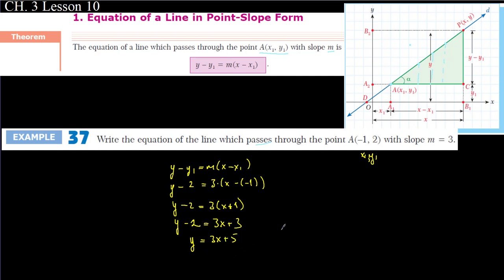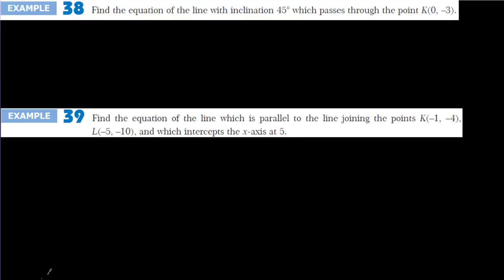Or we can write it like this. Generally it's written in this form: 3x minus y plus 5 is equal to 0. This is another way to show the equation of the line, and this is the more common way to show it. Okay, let's continue with the other question.